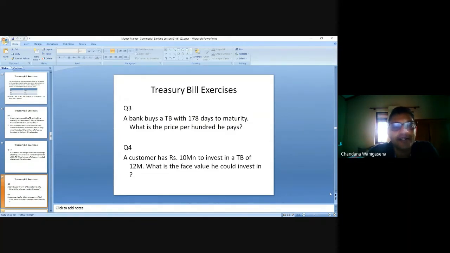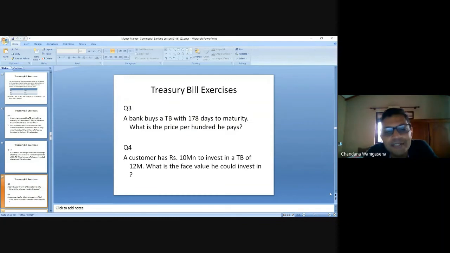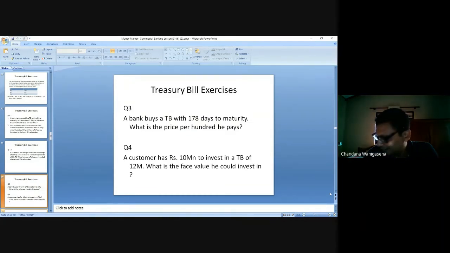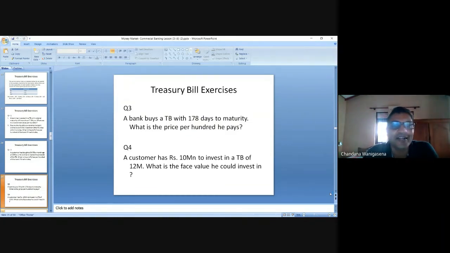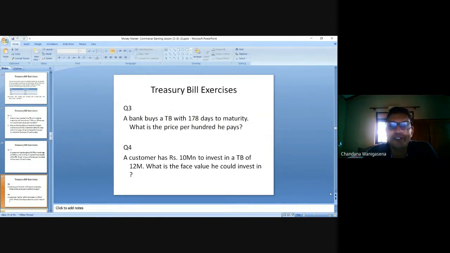Since he bought it on the 4th day, the first 4 days of interest does not belong to this investor.